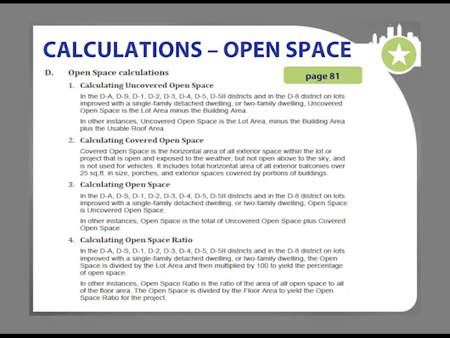Each zoning district has a minimum open space requirement. And what that means is you have the lot area, and then you have buildings placed onto that lot. In each of the zoning districts, there is a minimum percentage of the lot that has to remain open. That is to say, there cannot be a building on it. In some districts, for example, say the D5 district, the minimum open space requirement is 60%.